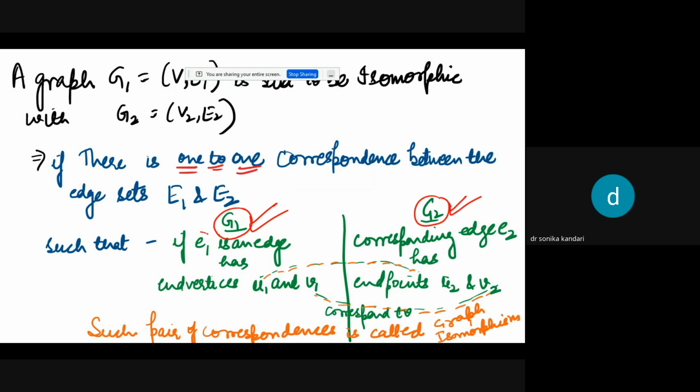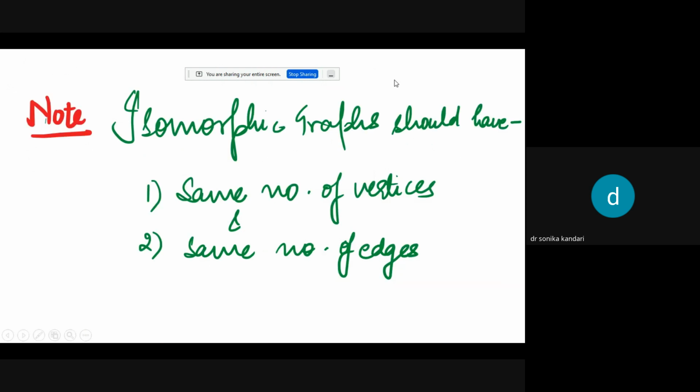For every edge, we have a corresponding edge in graph G2. For any set of vertices, we have a corresponding set of vertices in the next graph. We can represent the graphs like V1, E1 and V2, E2.